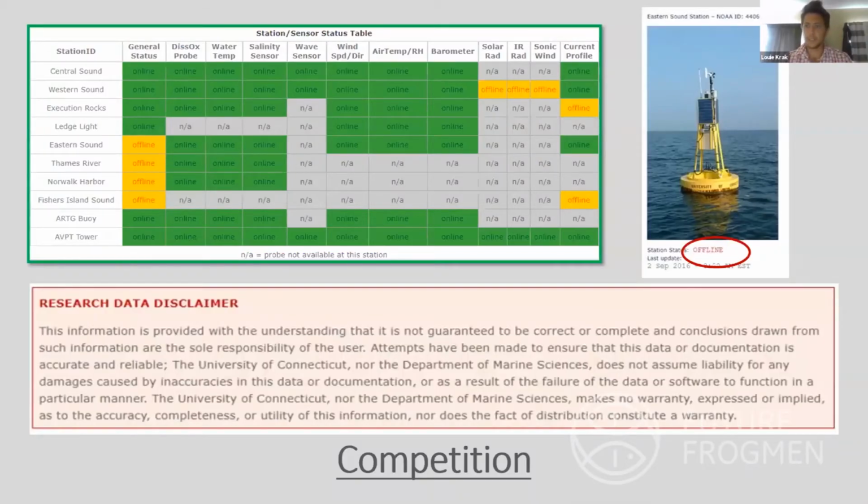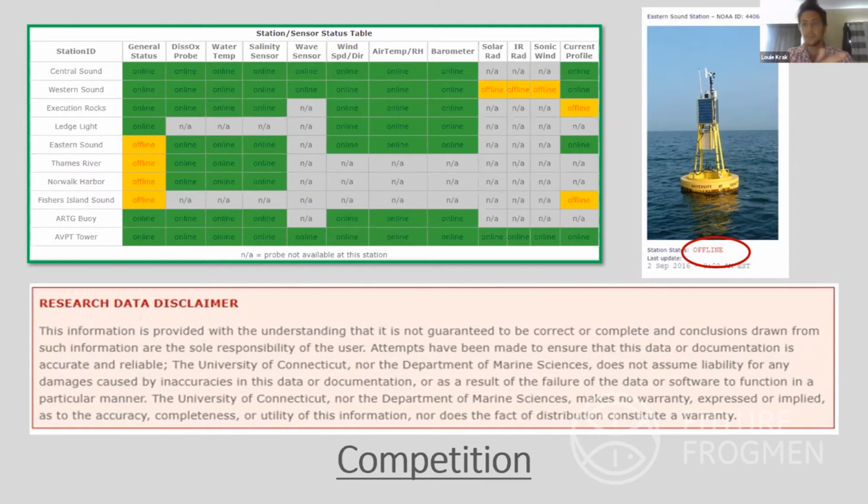So what kind of competition is there for our little data app here? So these are some screenshots from the LISICOS website. This is the Long Island Sound Integrated Coastal Observing System, which is a conglomeration of buoys. So they're only singular data points that UConn has put in the water already to collect some data which is publicly available.